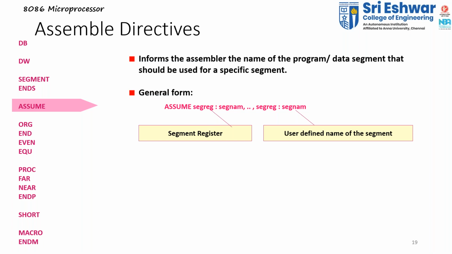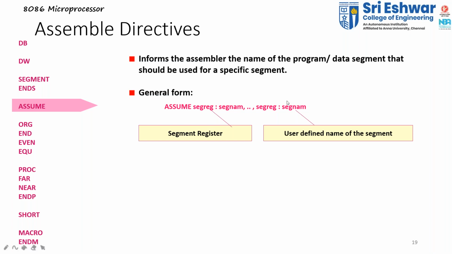This is the instruction which is used to specify to the microprocessor to assume that these are all the codes present in the segments, and these are all the data present in the particular segment. So this is your ASSUME. It informs the assembler of the name of the program or data segment that should be used for a specific segment.